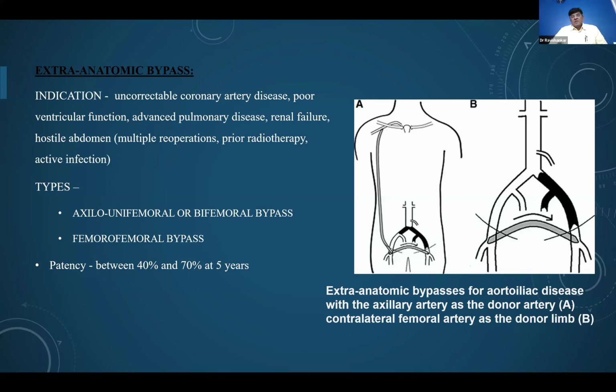No, but see, what is the commonest indication for axillofemoral bypass, apart from what you have said? Sir, I did not get you, sir. Sir, usually this is done in patients with chronic limb ischemia, sir. Where? Which condition? In coronary artery disease patients.